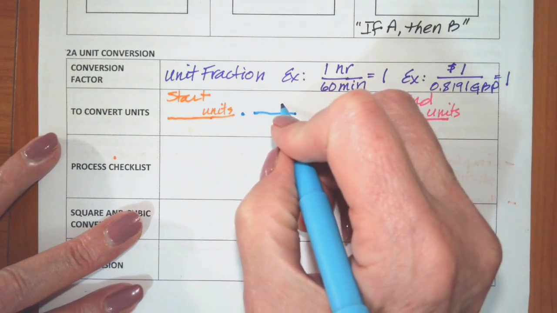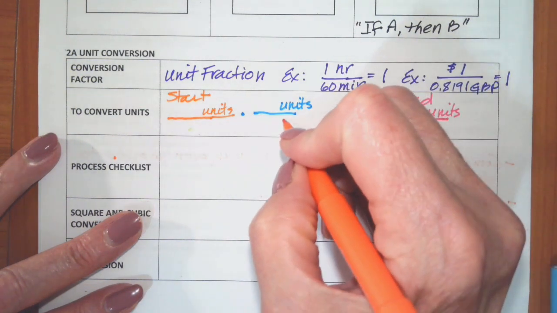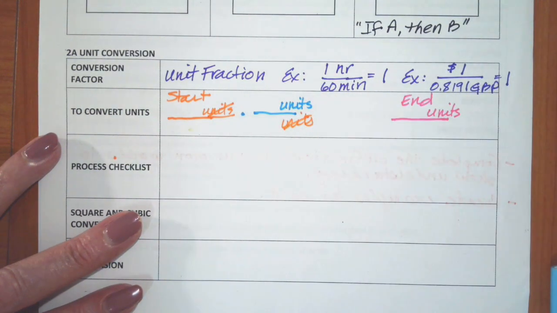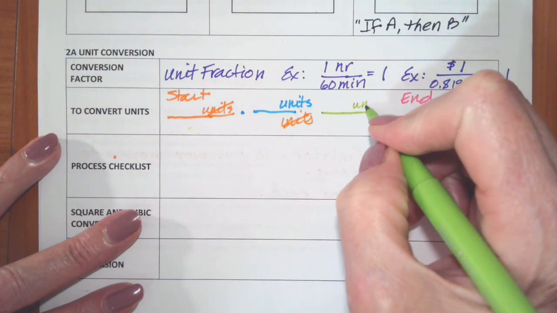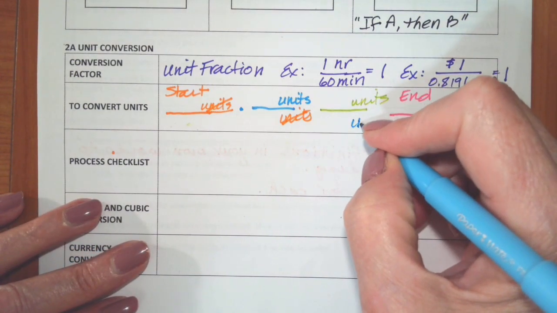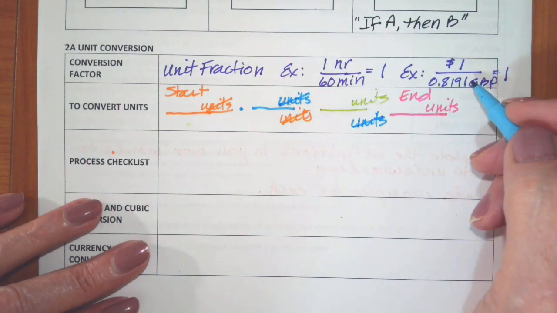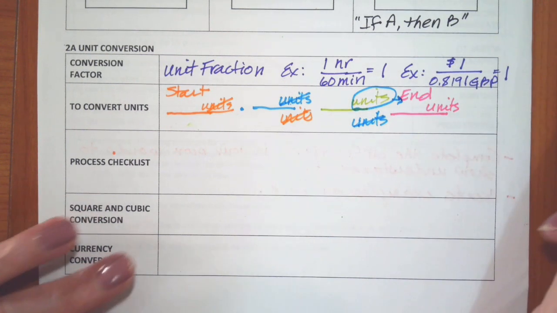So you are going to start by doing a conversion with some units over units, where these are the same and they cancel out. And again, you may have to do it again. Some units over some kind of units here, where this cancels out, until you get to the units that you want to end with.